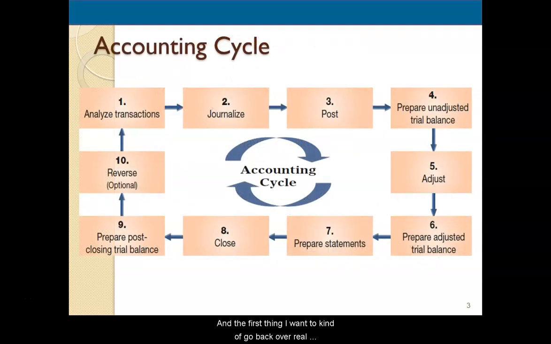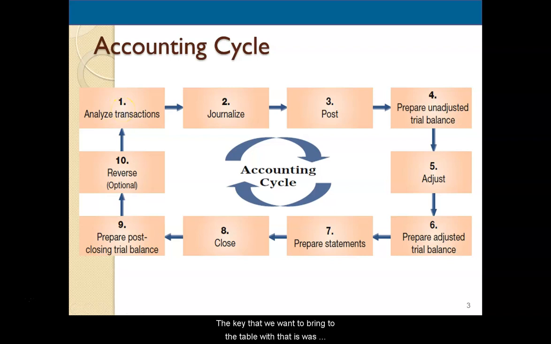And the first thing I want to go back over real quickly is the accounting cycle. As you can see from this slide, there are a number of things that go on in order to complete the accounting cycle. And because it is a cycle, right, we go from beginning to end, and then we start over again. One of the things I do want to point out is that our starting point is always the analyzing of transactions.